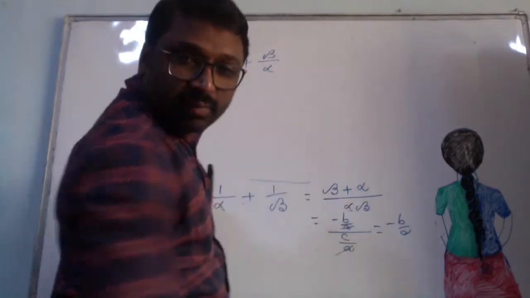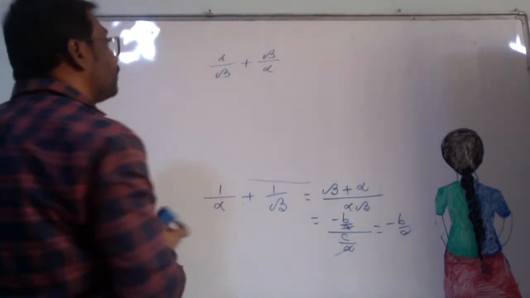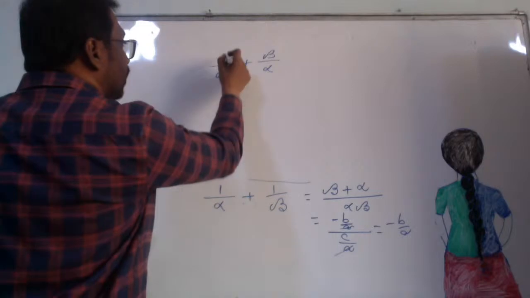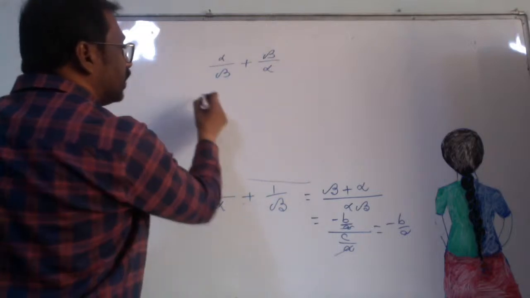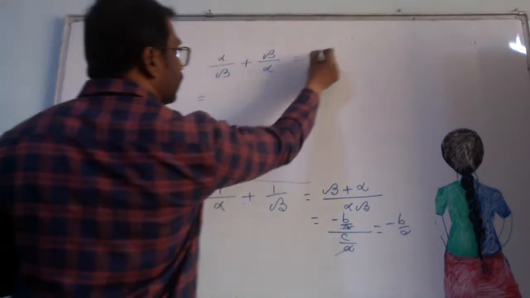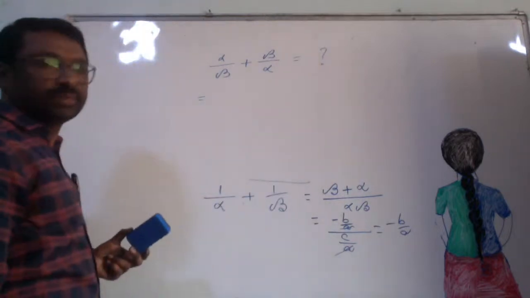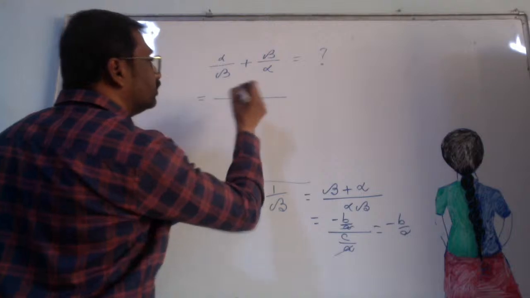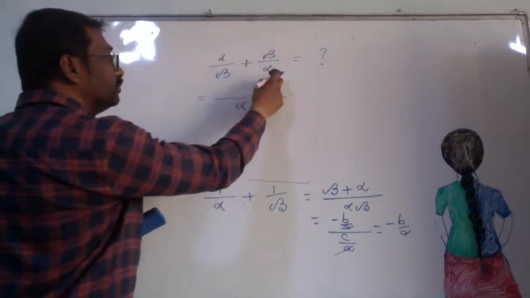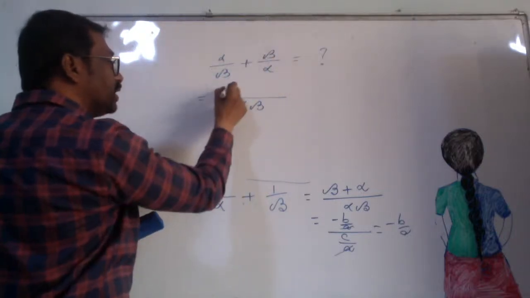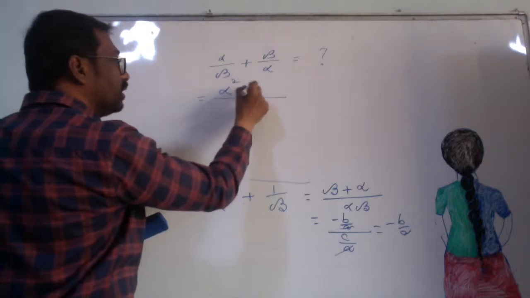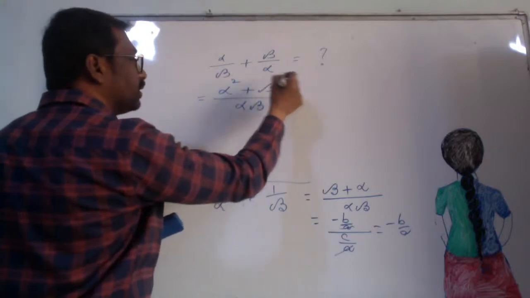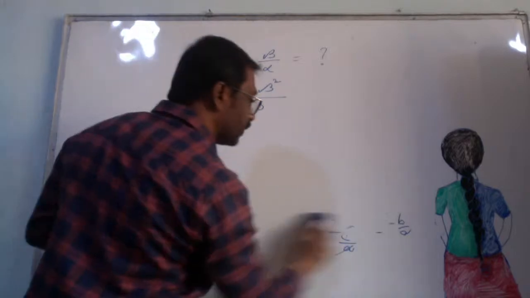The product of roots is correct, c by a. Next, alpha by beta plus beta by alpha. This value we have to find. So take alpha beta as the LCM, and after cross multiplication, alpha square plus beta square.